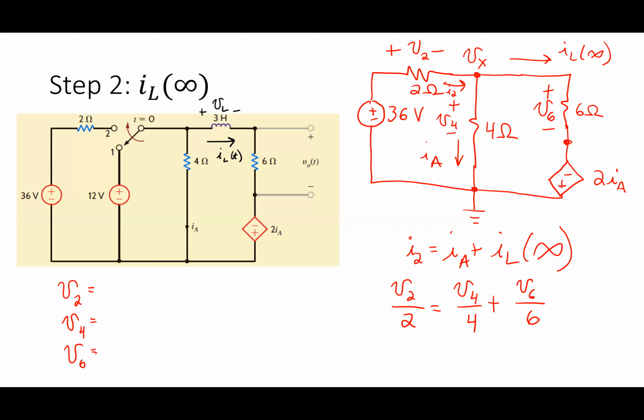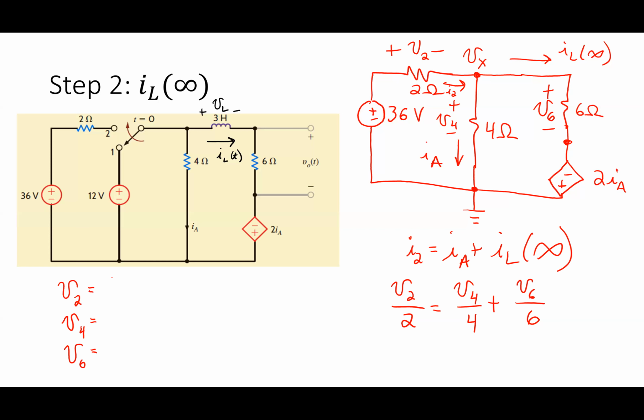How do I define V2 in terms of the node voltages? I do that by looking at the positive terminal and the negative terminal and saying it's the voltage of the positive terminal minus the voltage of the negative terminal. So what's the voltage at the positive terminal on that 2 ohm resistor? 36.